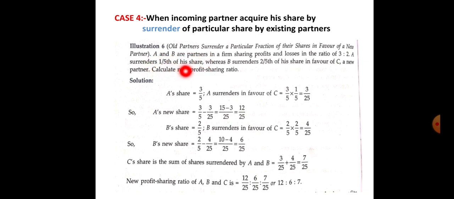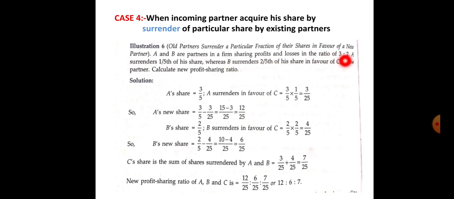It means from his share. What was his share? 3/5. उस 3/5 का 1/5 हिस्सा वो सरेंडर कर रहा है इन फेवर ऑफ C. And B surrenders 2/5 of his share, मतलब अपने शेयर का.